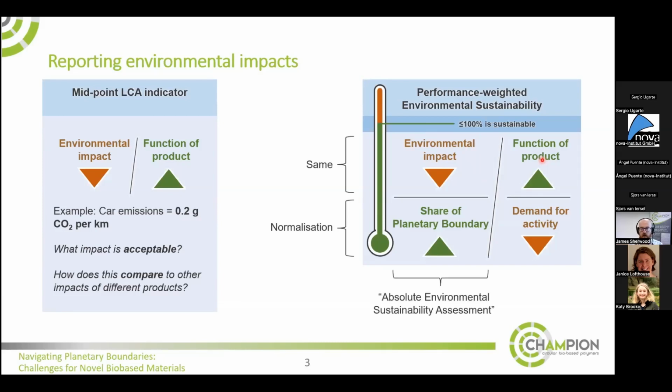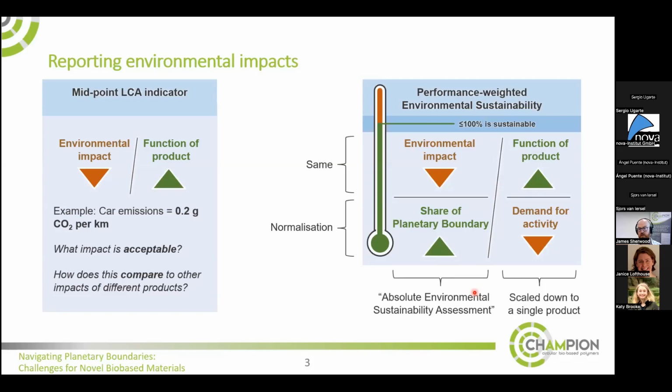So if we look at this ratio here, the environmental impact divided by the permissible impact that product should have, which would be a share of the planetary boundary. This is our typical absolute environmental sustainability assessment. It's usually done on a large scale, so global activities or maybe regional activities. And there's a few papers now emerging in this area in the academic literature, but it's still quite new. We're talking about 5 years old at this point.